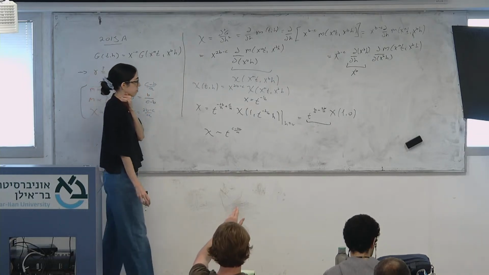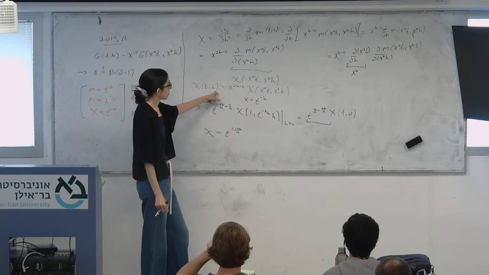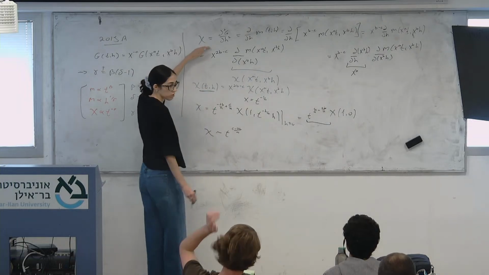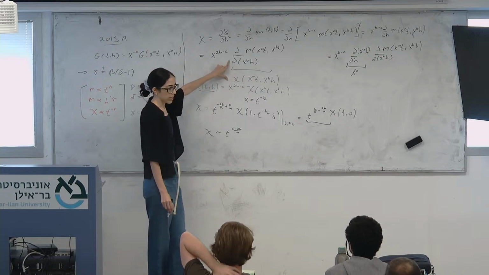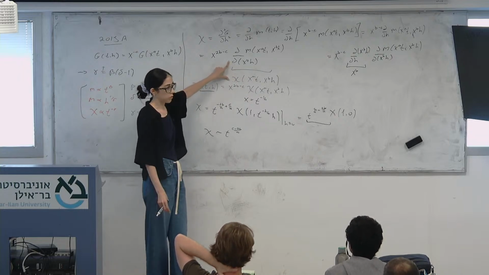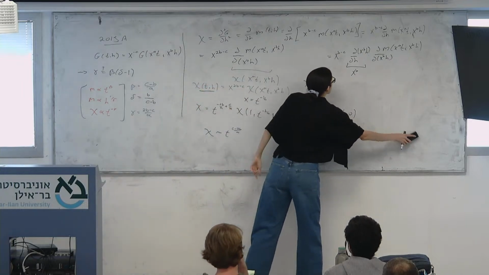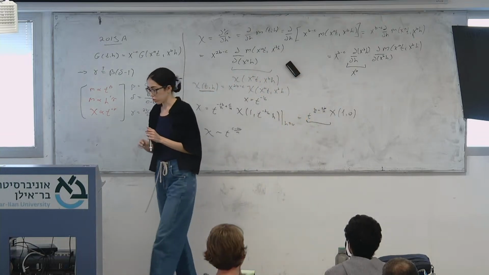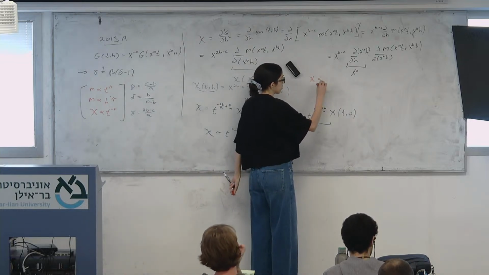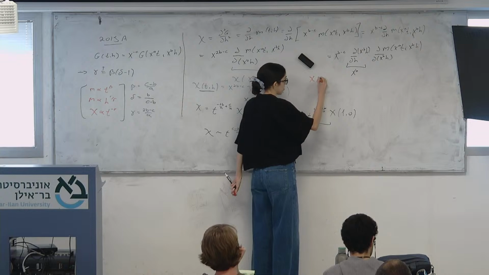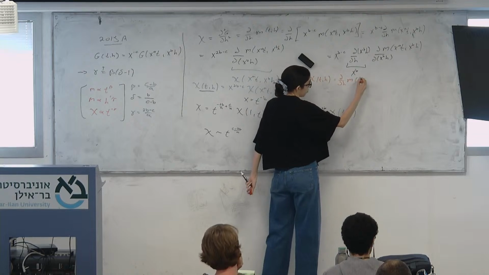Oh, why is that equal to that? That's the same thing we did with the magnetization. If the susceptibility is, I'll use another marker so it works, the susceptibility for t and h is equal to d dh of m of t h.